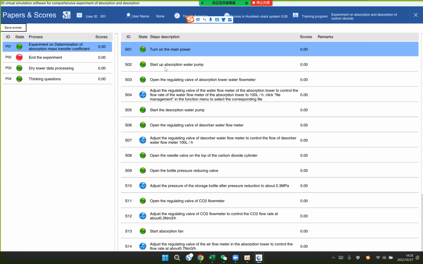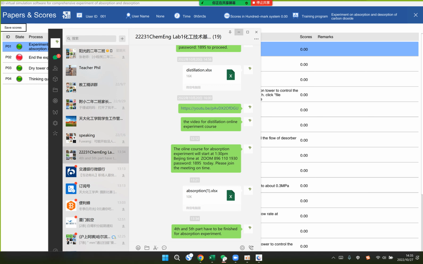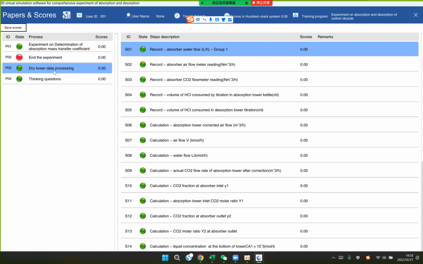It asks us the experiment on determination of the absorption mass transfer coefficient, and then the data processing and some thinking questions at the end of the experiment.